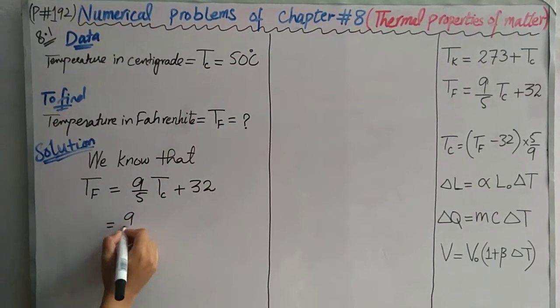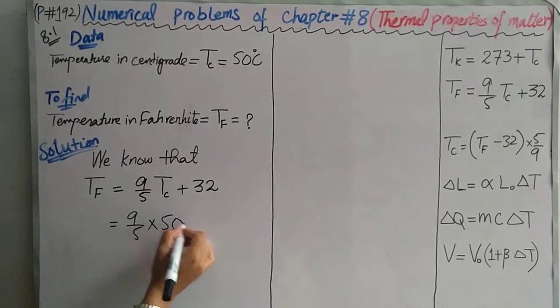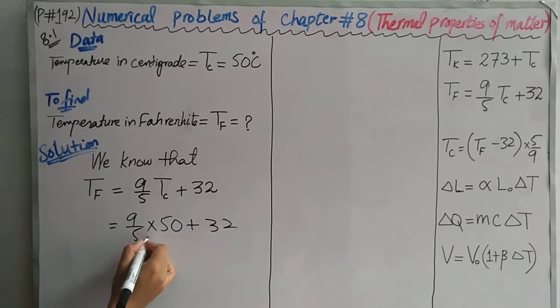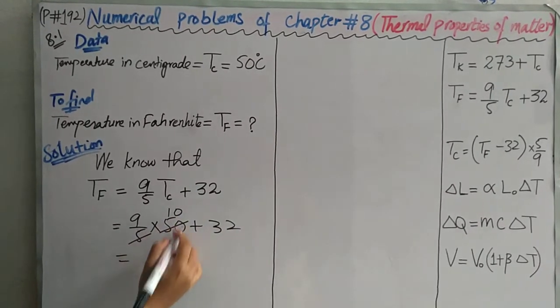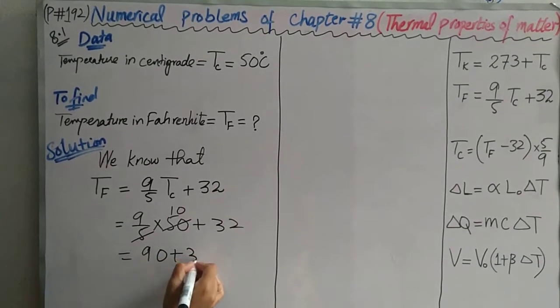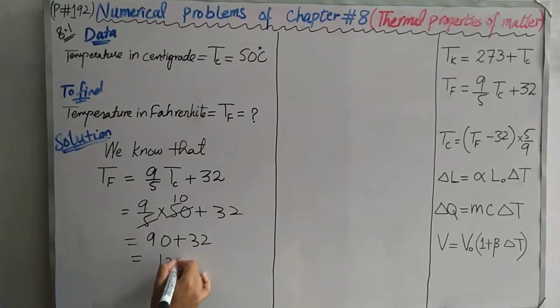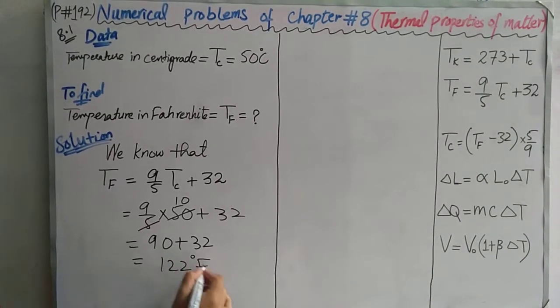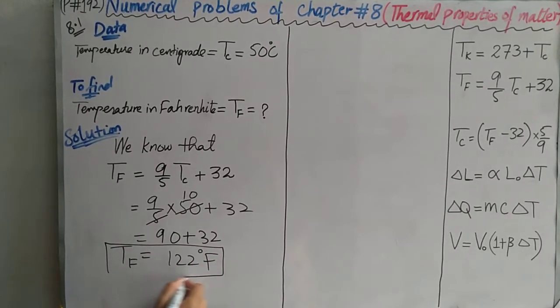So, 9 by 5 multiplied by Tc, which is 50, plus 32. We simplify this by cutting the 5 with 50, 9 times 10 is 90, plus 32 is equal to 122 degree Fahrenheit. This is our temperature in Fahrenheit.